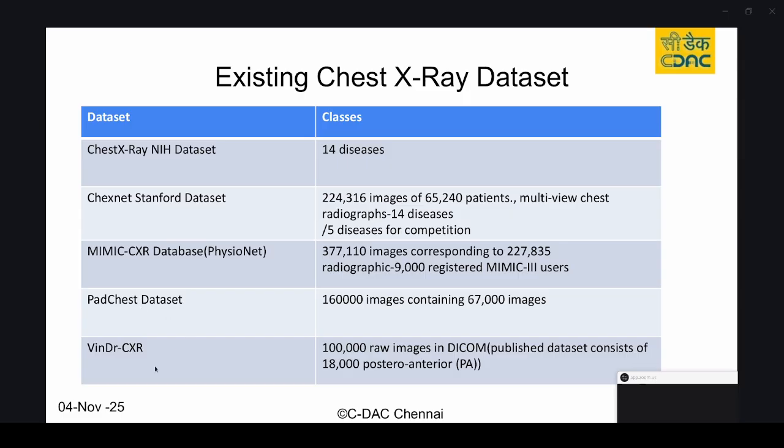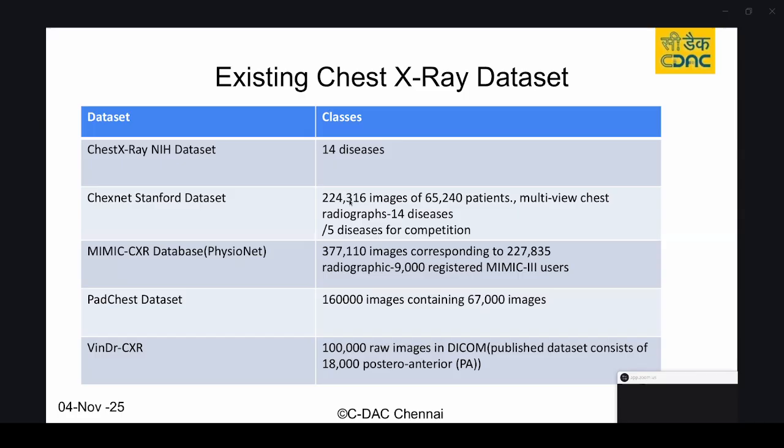the PadChest dataset. The latest dataset among them is the VinDr-CXR dataset, which is a more recent one from around 2021, and it has DICOM format images itself, and the size of these datasets is very large.